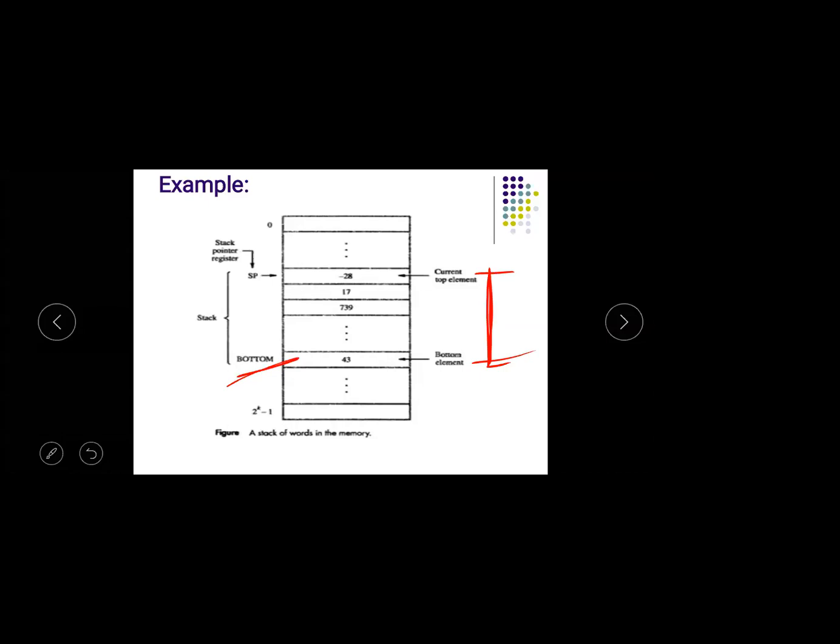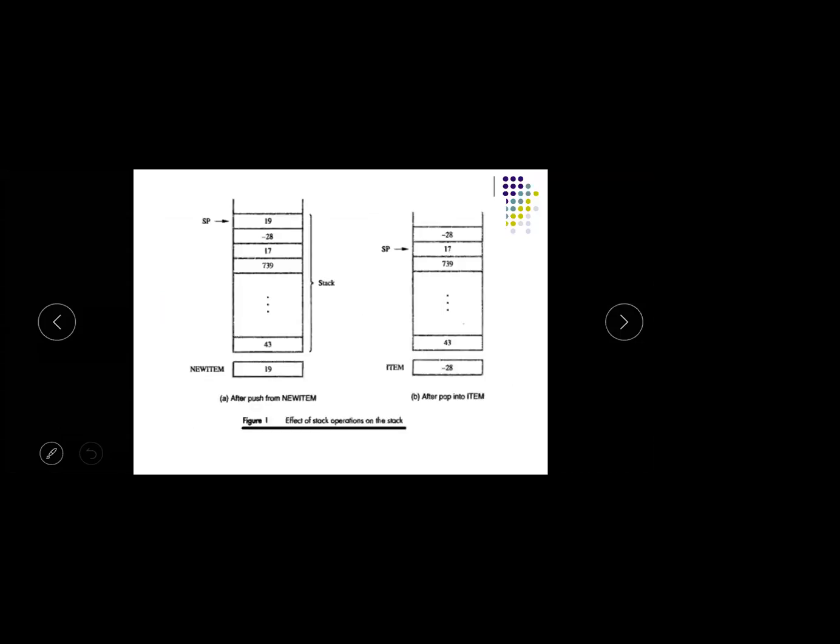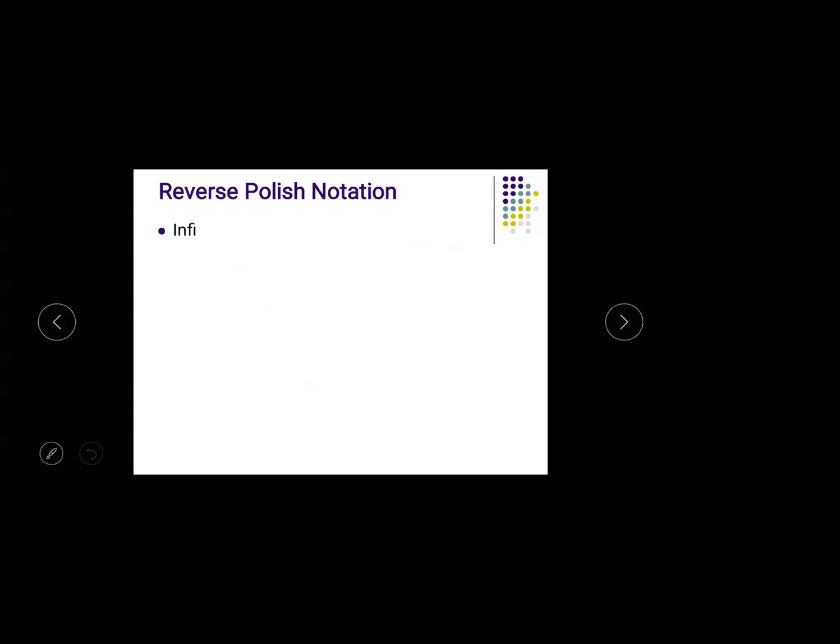Currently the top element is minus 28, and the stack pointer register is used to represent its address. For push, subtract 1 from SP and insert the new item into M of SP. This is the push operation and the pop operation.